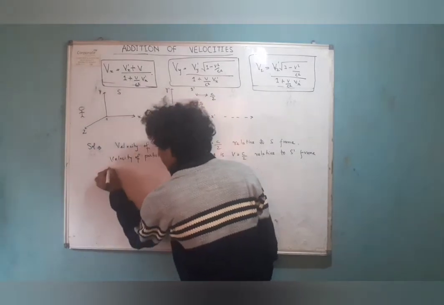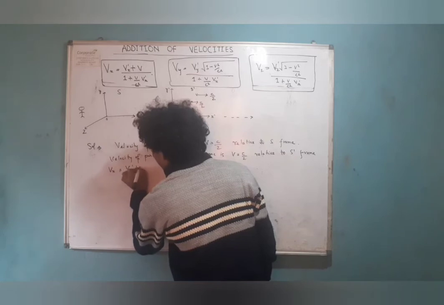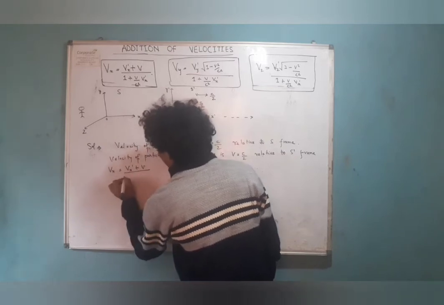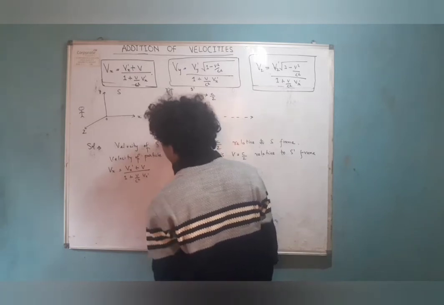writing the formula, Vx equals Vx prime plus V, over 1 plus V by c square Vx prime.